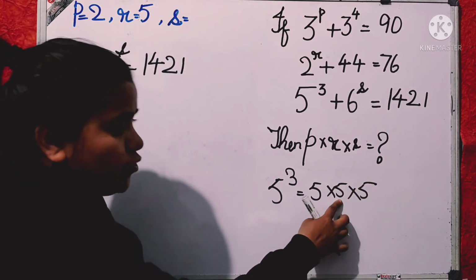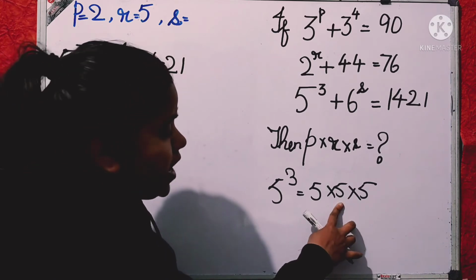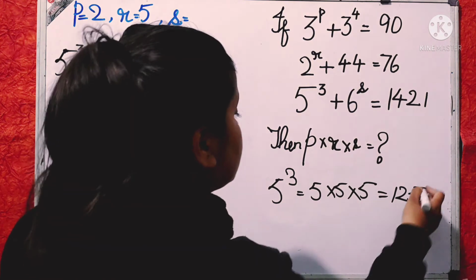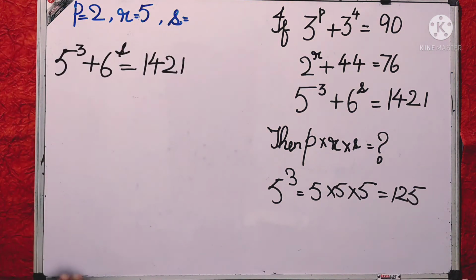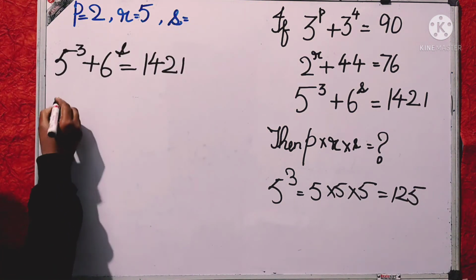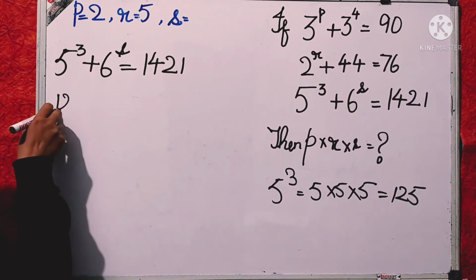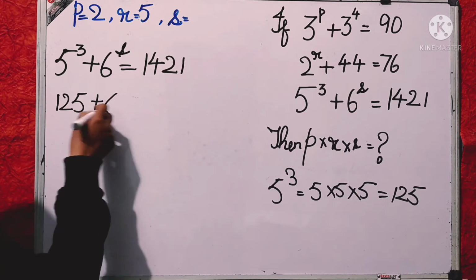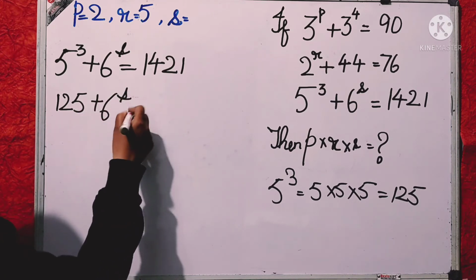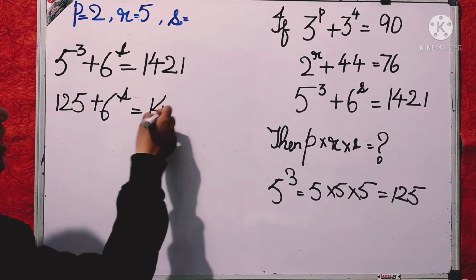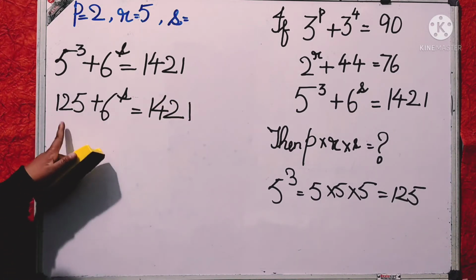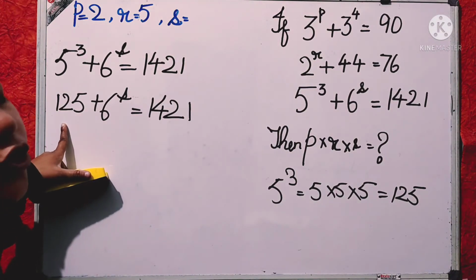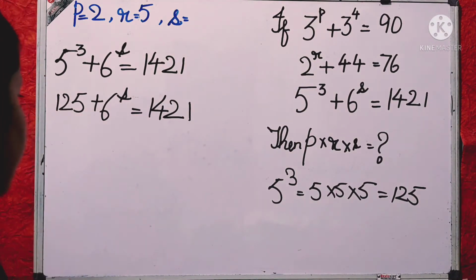That is, 5 into 5 is 25, 25 into 5 is 125, right? So I can write this as 125 plus 6 raised to the power s equals 1421.